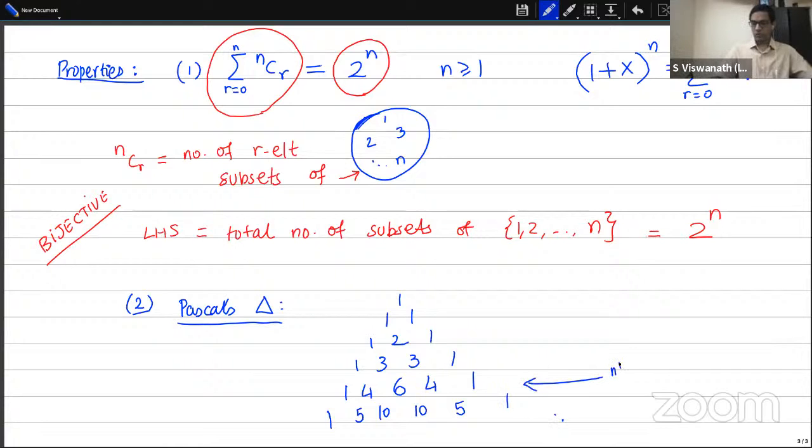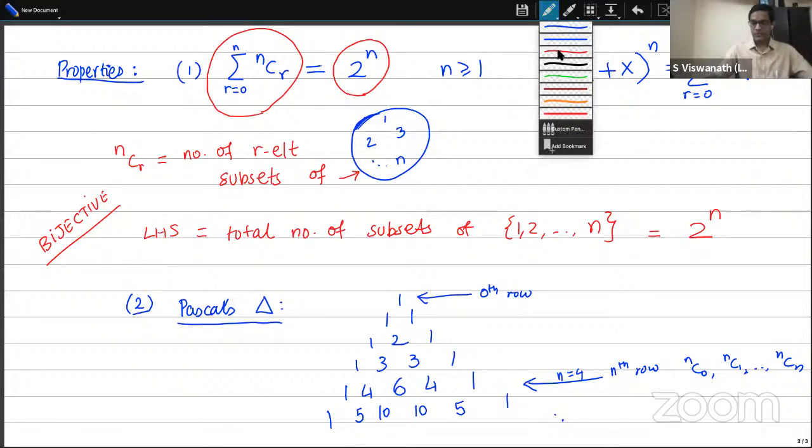So in the nth row, you put the numbers NC0, NC1 till NCN. So here, for example, n equals 4. In the 4th row, I put 1, 4, 6, 4, 1. Okay, the top is thought of as the 0th row of the Pascal's triangle.